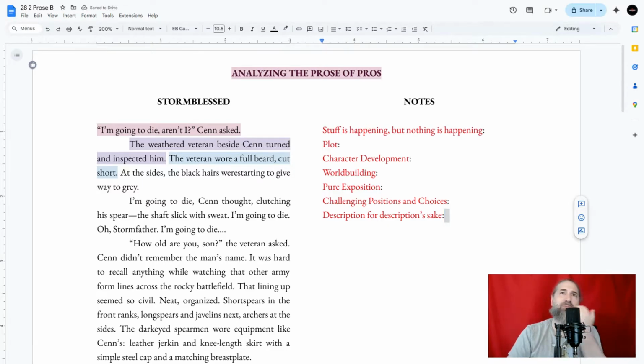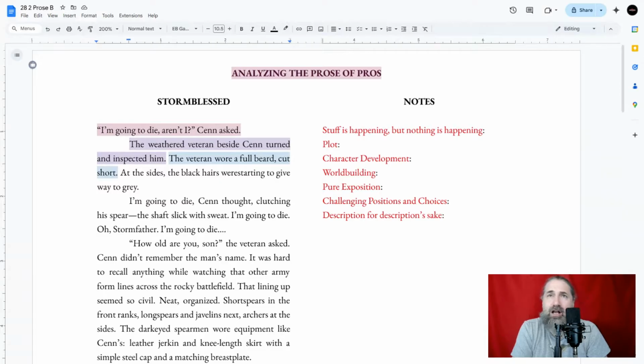The reason I say that is because it is still in the POV of Sen. Sen is the one that's noticing. Of all the characters in the world, Sen notices that the person has a full beard cut short.